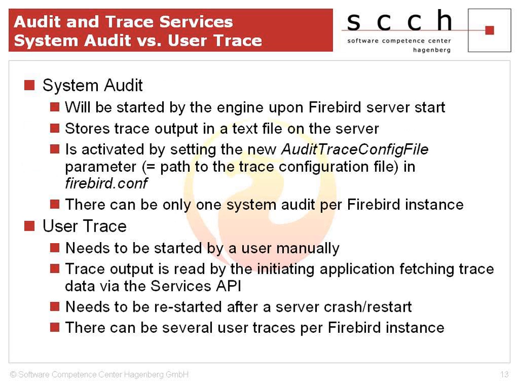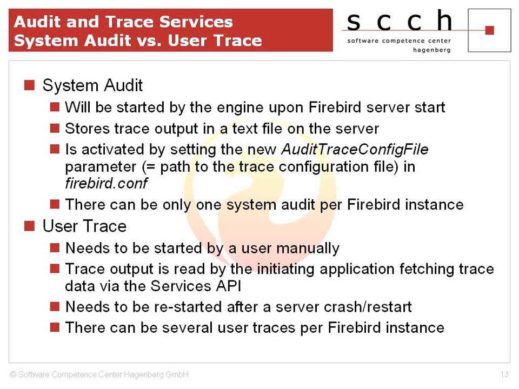When working with the Trace API, you have to take into account that there are basically two ways to use it. There is the system audit and the user trace. The main difference here is that the system audit will be automatically started by the engine when the Firebird server starts, so you don't basically have to start the trace session manually in this case.